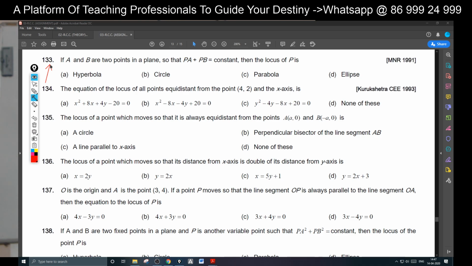Yes, Arun. Answer for 133 without doing. Without putting your pen on the paper, you must be understanding. If PA plus PB is constant, of course, the question should not be given like this, because to give the question more precisely, it should be given like this: this constant must be greater than AB.